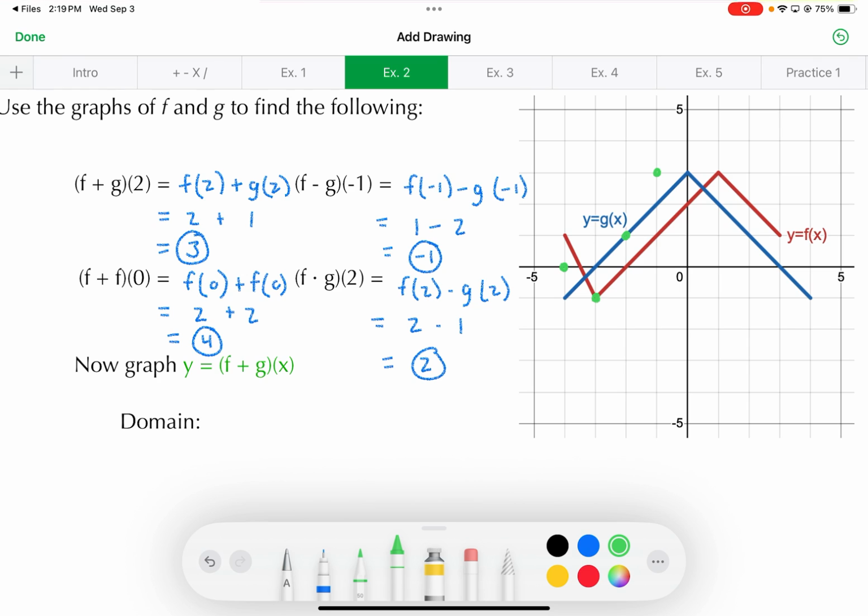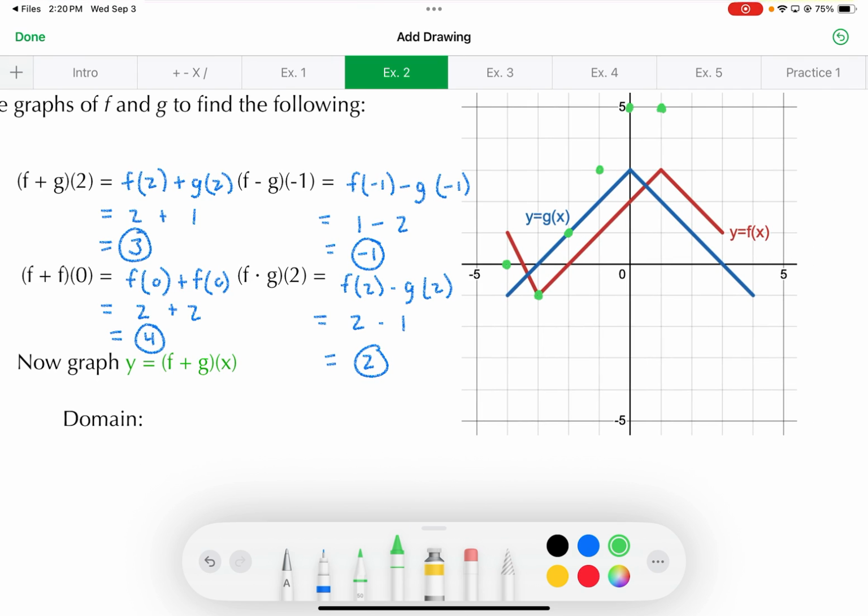When x is 0, f of 0 is 2. g of 0 is 3. 2 plus 3 takes me all the way up to 5. When x is 1, f is at 3. g is at 2. 3 plus 2 is another 5.